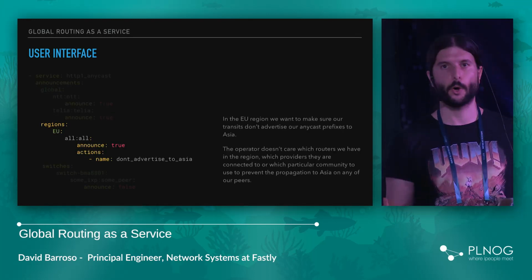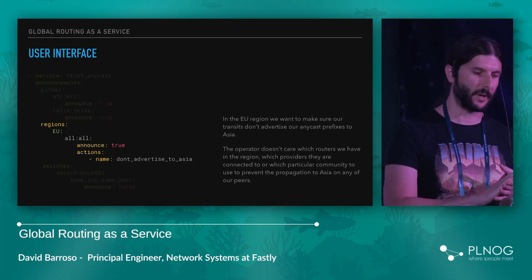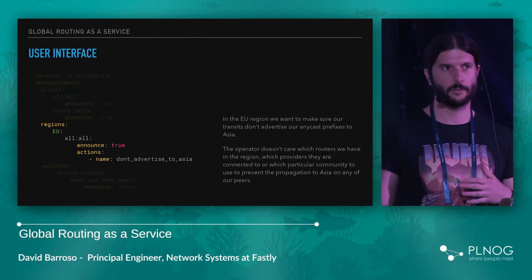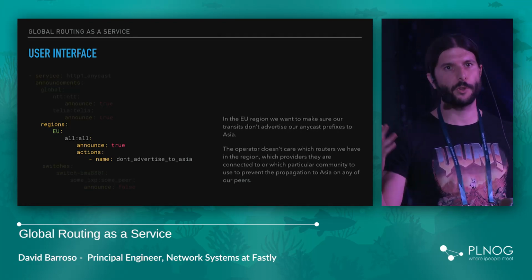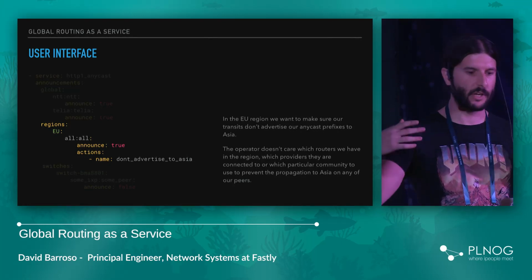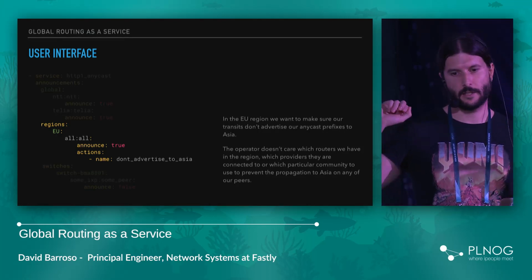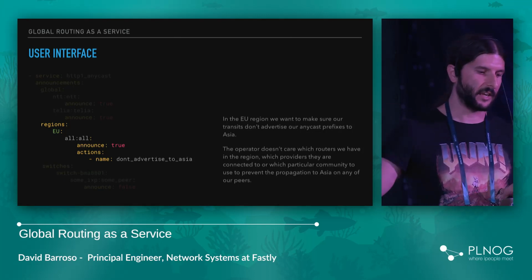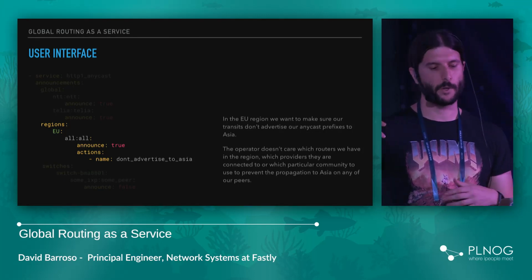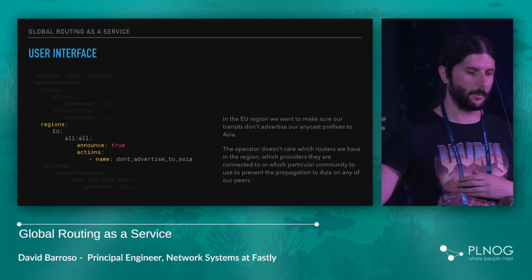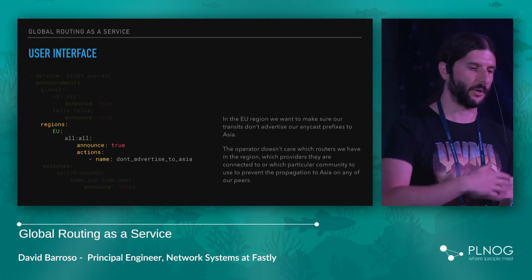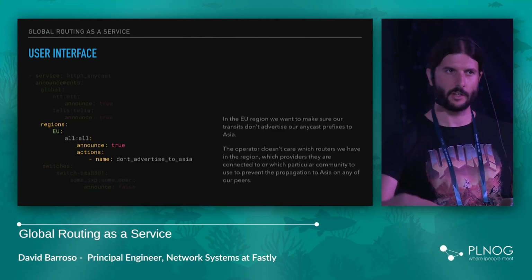Then in Europe, I also want to ensure that my prefixes are not advertised to Asia, because we know that there may be congestion between Europe and Asia. So we want to make sure, because this is an Anycast prefix, that when these Anycast prefixes are consumed by people in Asia, they don't traverse towards Europe. They may stay in Asia, they may go to Europe.